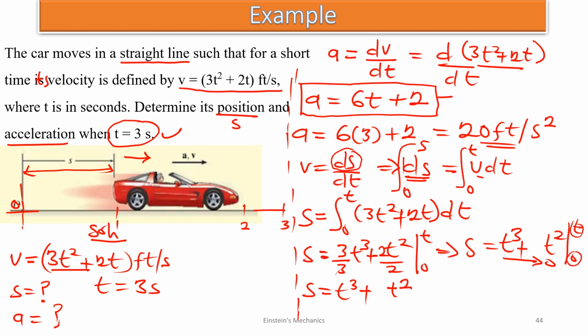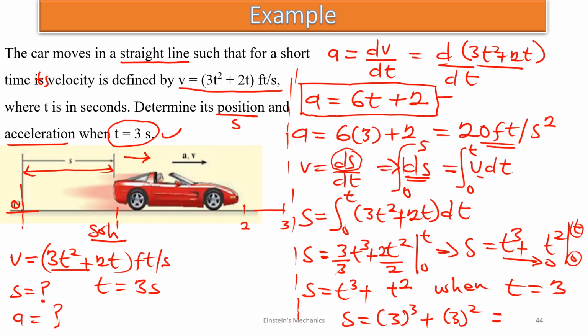Now we are interested in finding position when t is equal to 3. So that is going to give us 3 cubed plus 3 squared, and that is going to give us a final answer. Are we good? So this is how we are going to solve our problems.